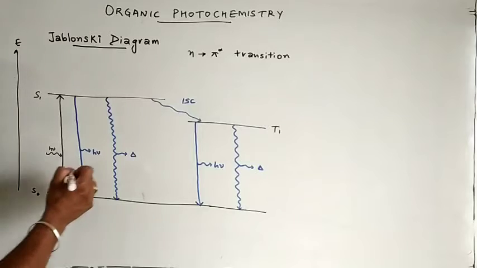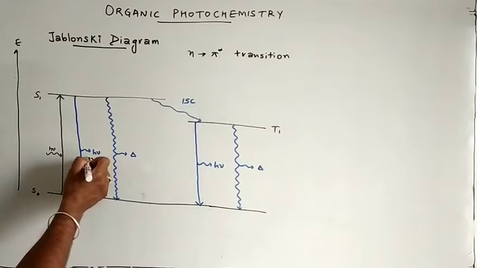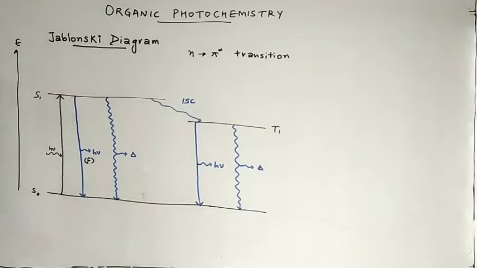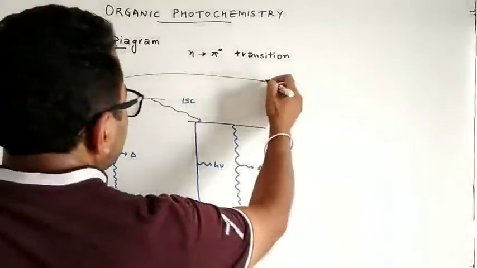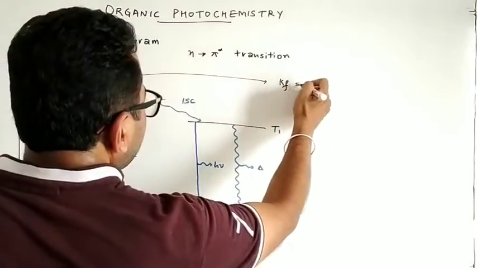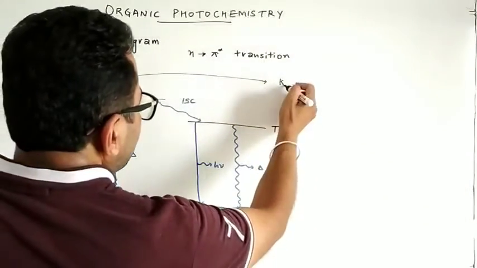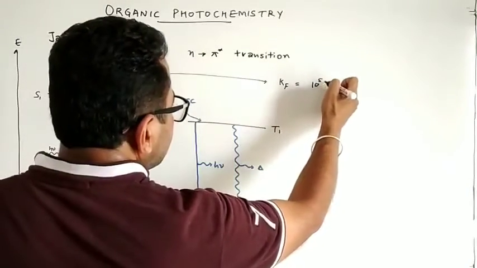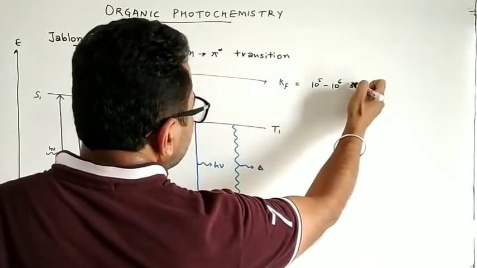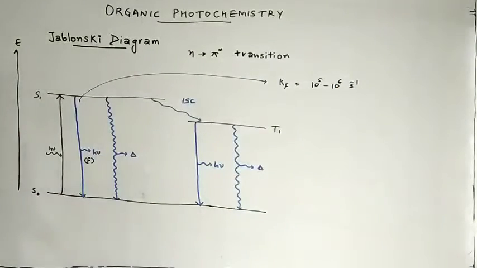Like this is your fluorescence. I will write it as F. This is from S1 to S0. So for this you can write kf.